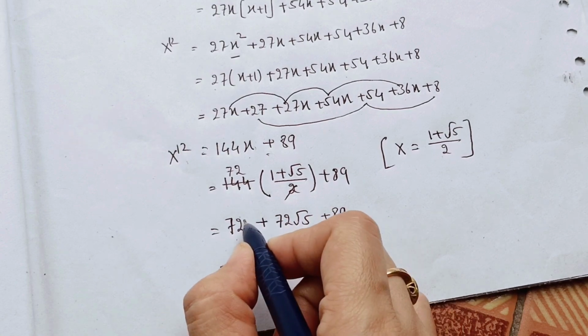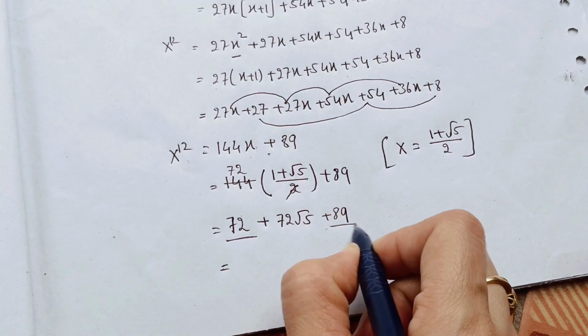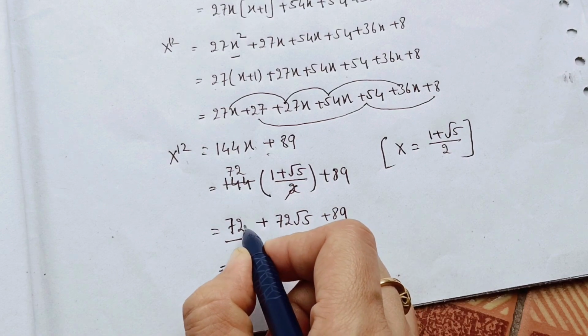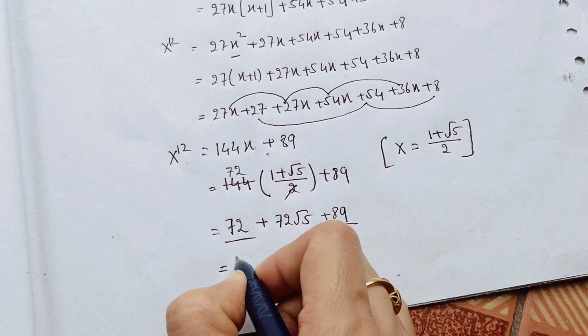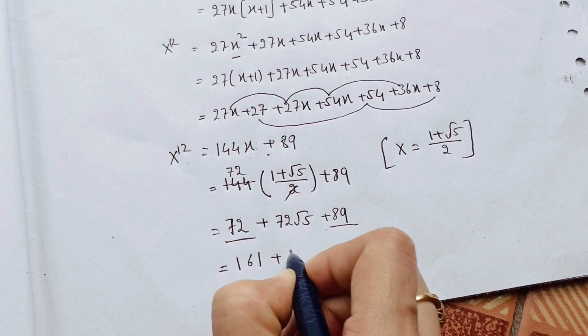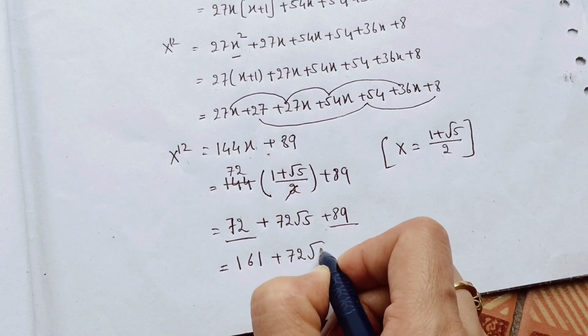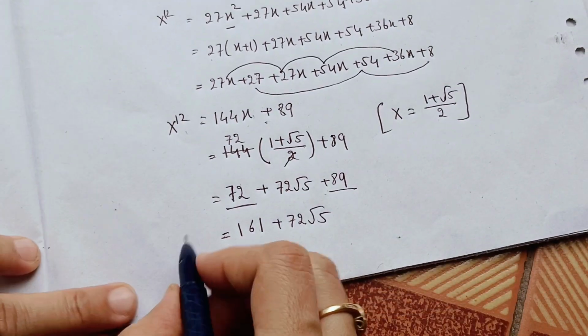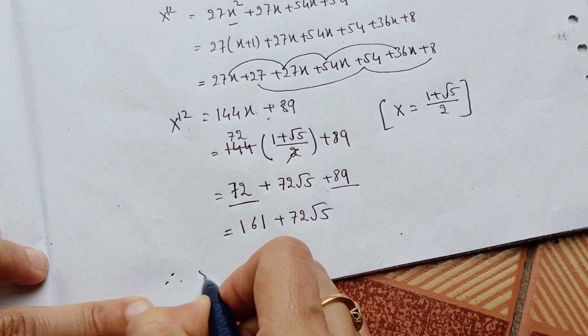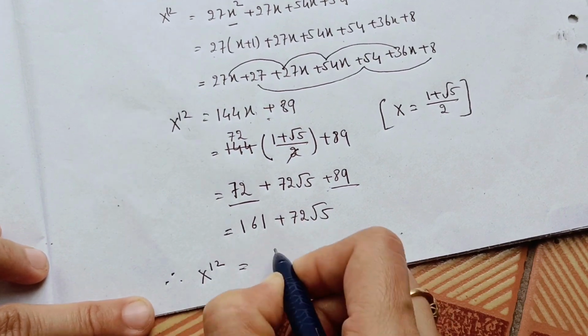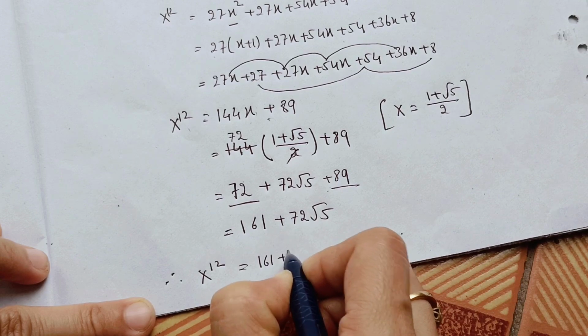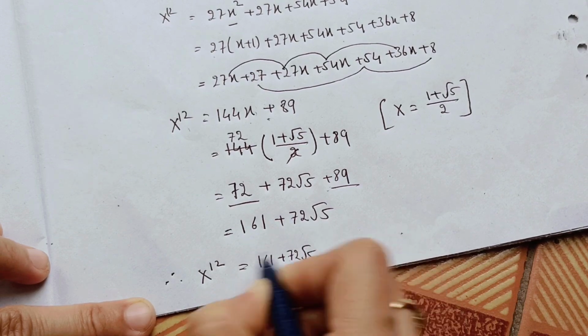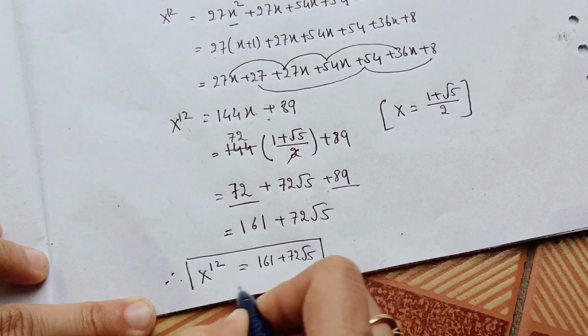Last we just have to add these two terms, then we get 161 plus 72 root 5. Therefore x power 12 equals 161 plus 72 root 5. So this is our answer.